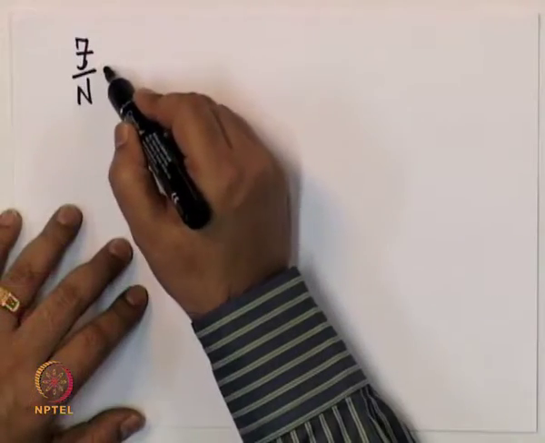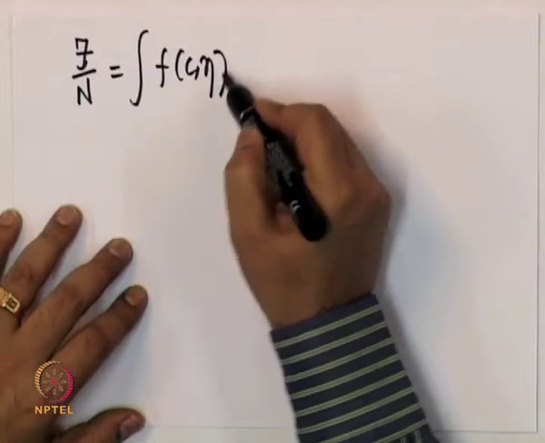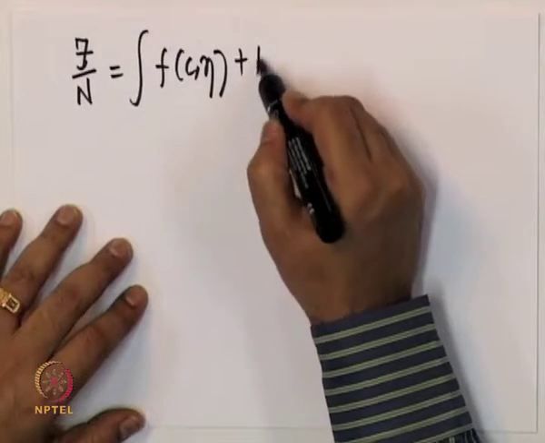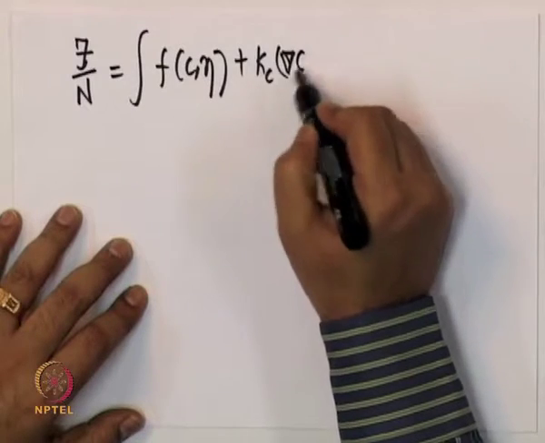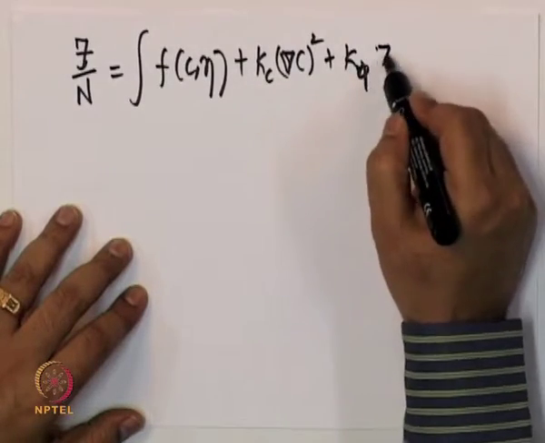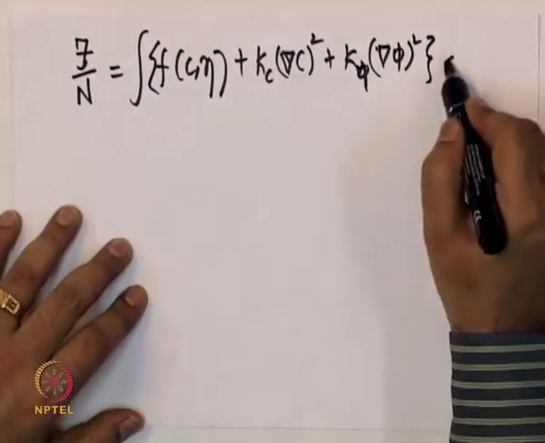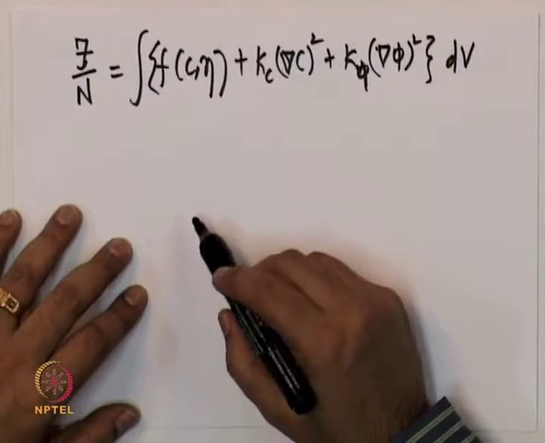So the free energy functional that we wrote is like this: f of c comma eta plus kappa c del c squared plus kappa eta kappa phi del phi squared over the volume. So this is what we are looking at.